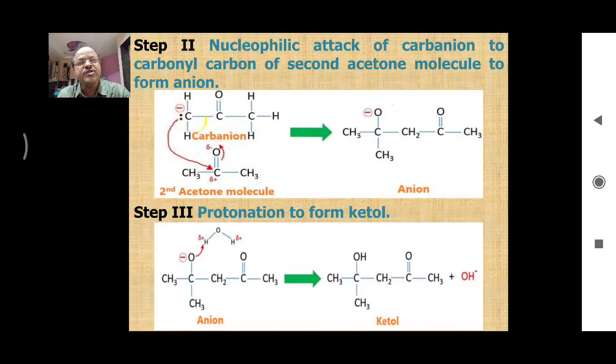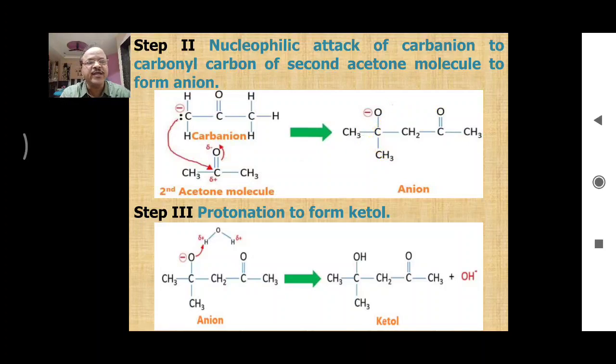Now this negatively charged carbon of the carbanion and the positively charged carbon of the second molecule of acetone form the C-CH2 bond. This bond is formed due to the attack of carbanion to the carbonyl carbon of the second molecule of acetone. So we are getting here an anion in step number 2.